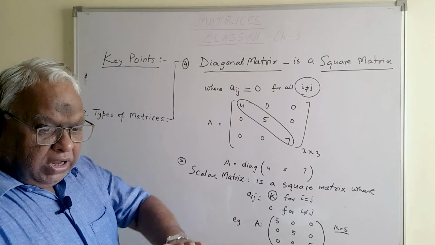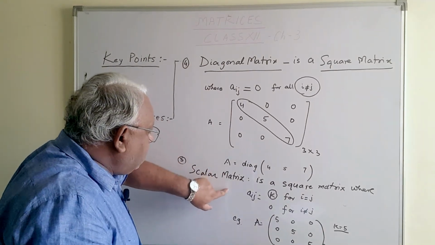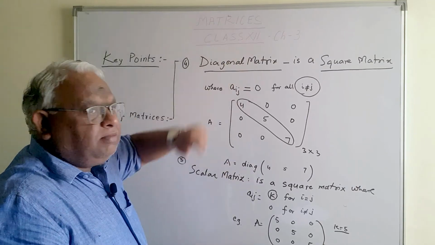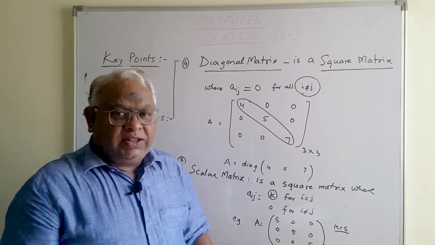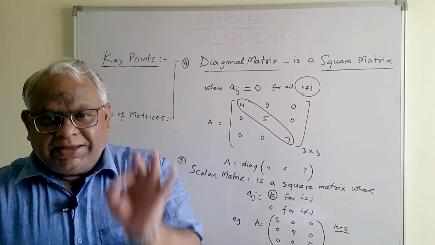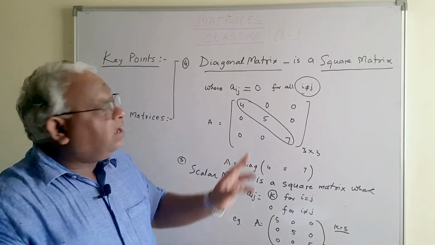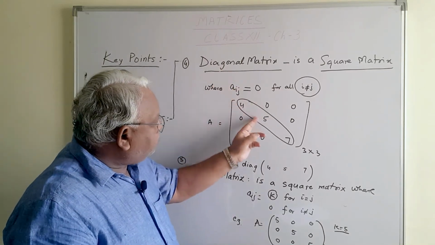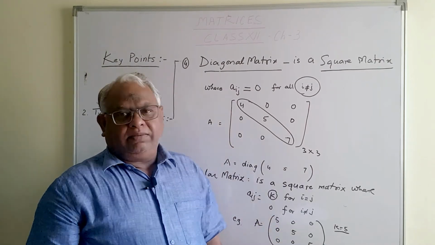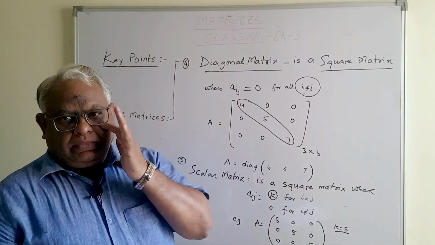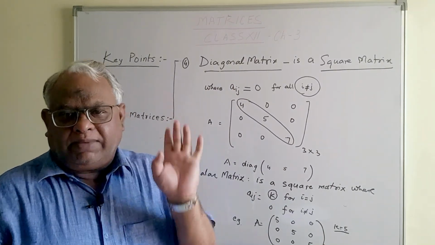So, in other words, you can understand that every scalar matrix is a diagonal matrix whose elements on the main diagonal are identically same. Rest are 0. In a diagonal matrix, it may be different, but in a scalar matrix, the main diagonal elements are going to be same. Right? So every scalar matrix is a diagonal matrix.